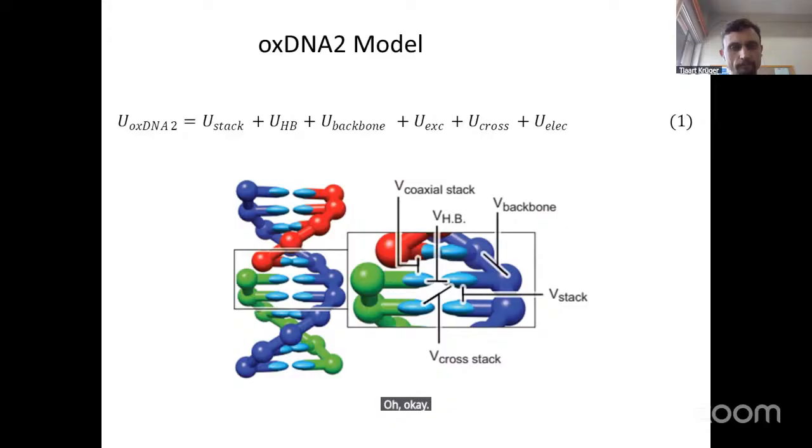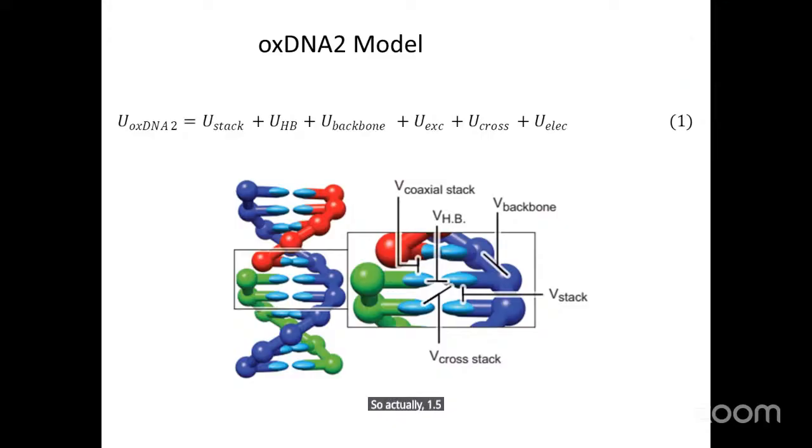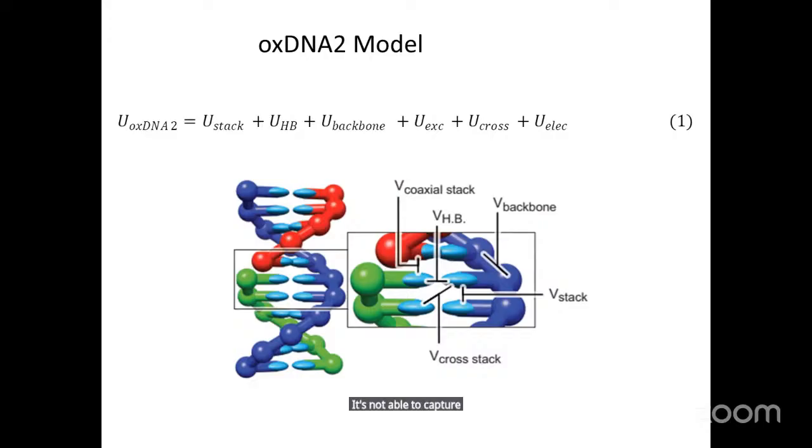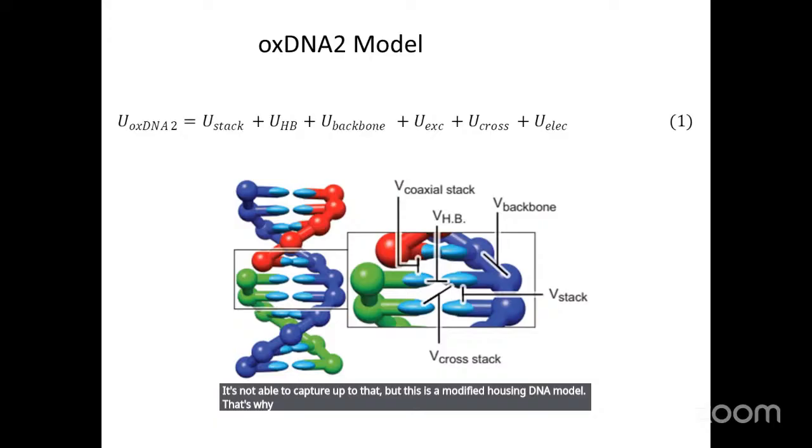So actually 1.5 is a high salt concentration, but I think previously the oxDNA model is not able to capture up to that, but this is a modified oxDNA model. That's why you have 2 on it.